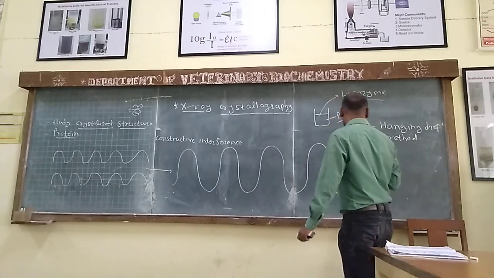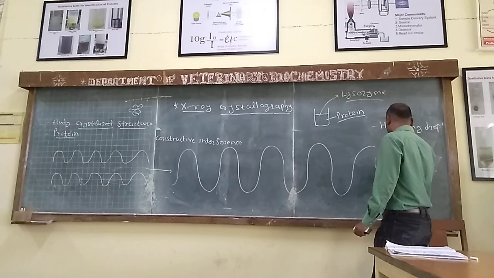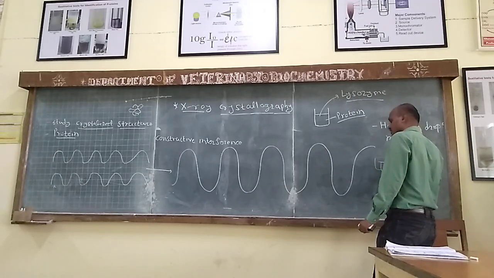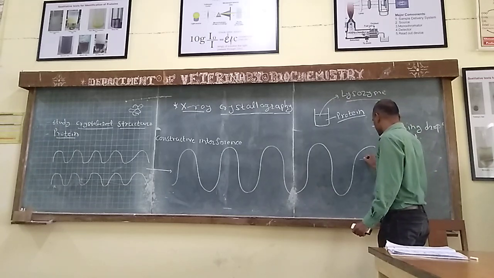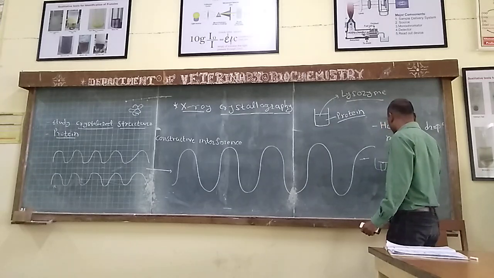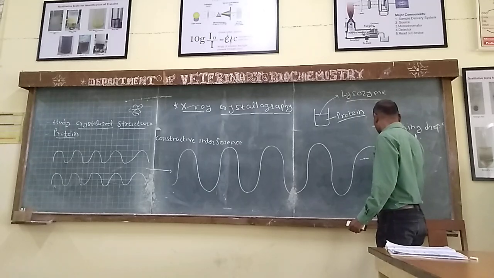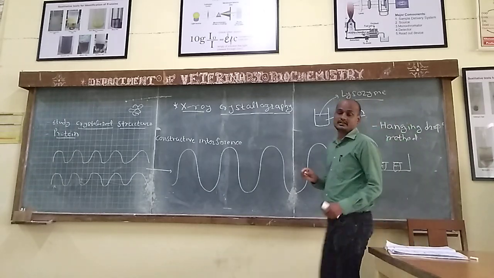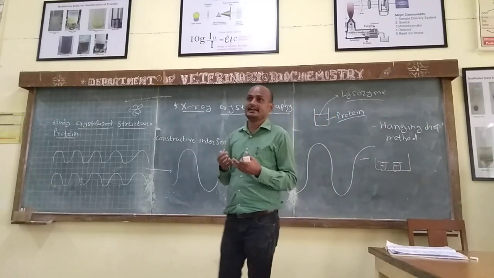Basically we take slides like this, which have different sections. We put protein on the cover slip and allow it to hang in an inverted position, so that certain chemicals contained in these wells will dehydrate that protein, right?